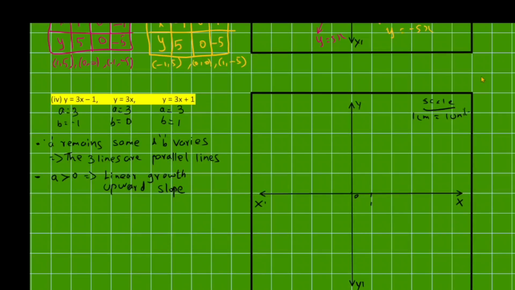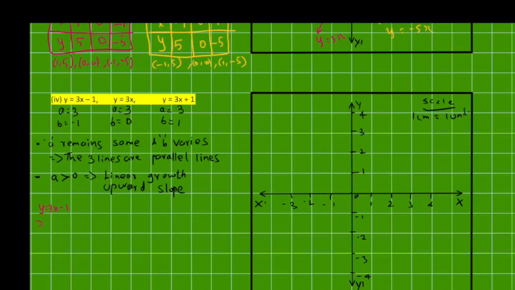So 1, 2, 3, 4, minus 1, minus 2, minus 3, and 1, 2, 3, 4, then minus 1, minus 2, minus 3, minus 4. Let's see the coordinate points for the first equation, y is equal to 3x minus 1.